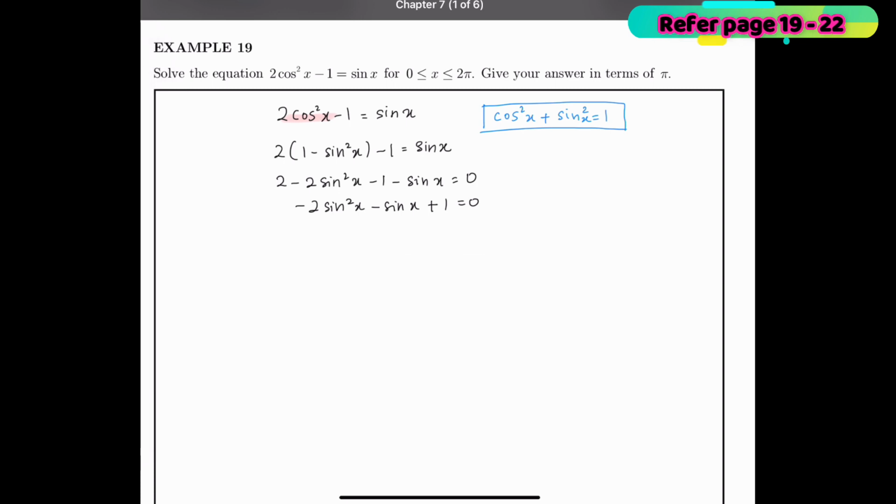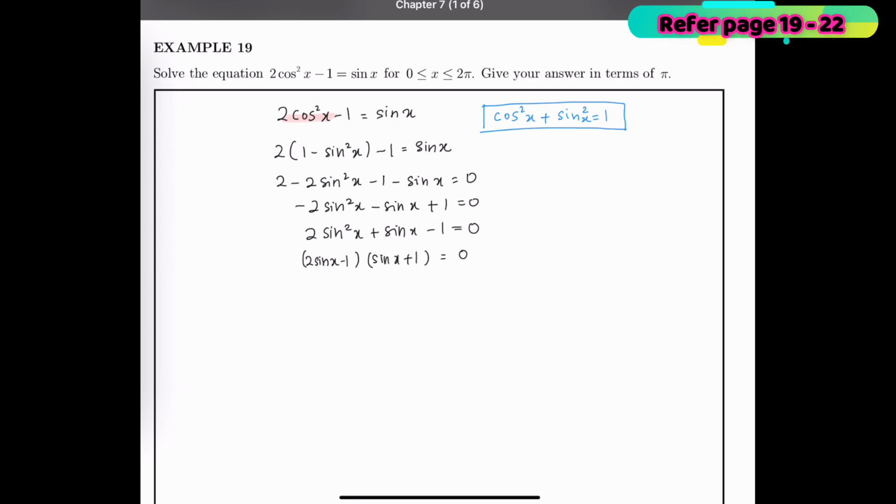So divide everything by negative 1 to get 2 sine square x plus sine x minus 1 equals 0. Factorize to get 2 sine x minus 1 and sine x plus 1.